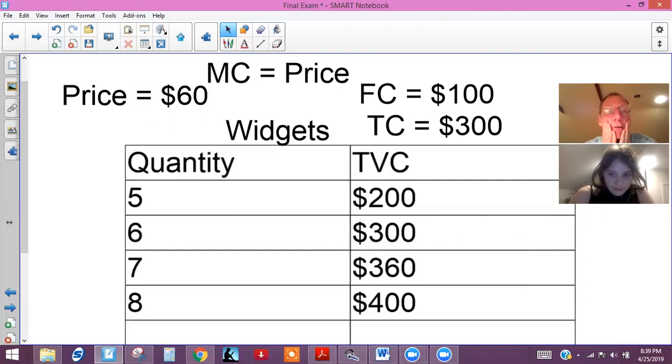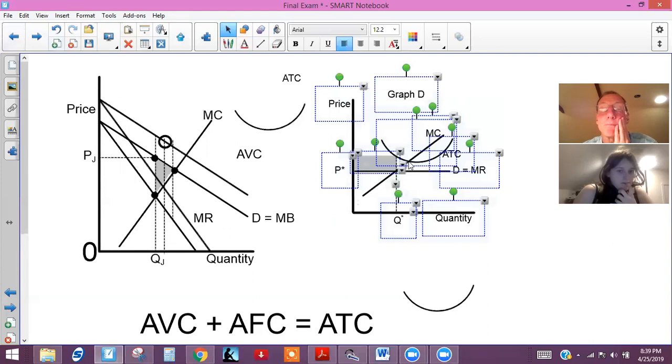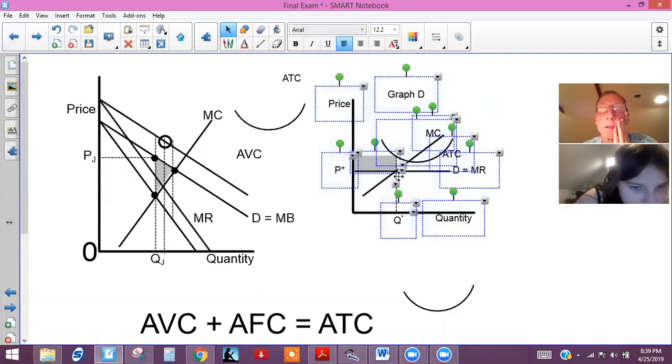Now, if you had another firm that was producing at a loss, a firm in a perfectly competitive market, wouldn't it look like this? And why would it look like this? What's this showing right here? This is a firm in a perfectly competitive market. What is the gray area shaded?